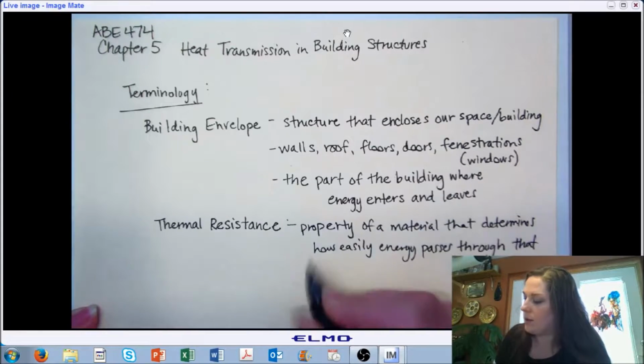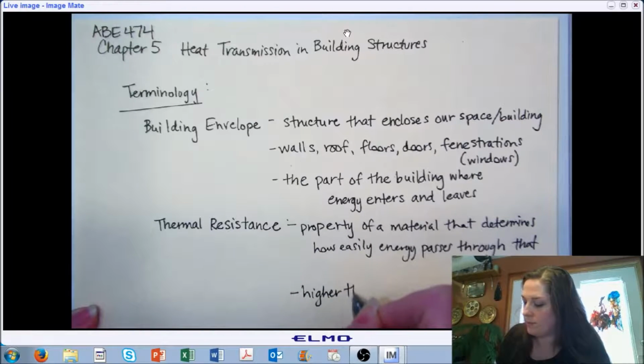A material that has higher thermal resistance is going to have less energy transfer.